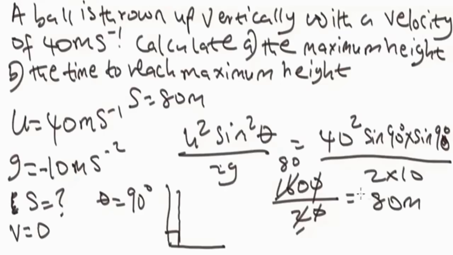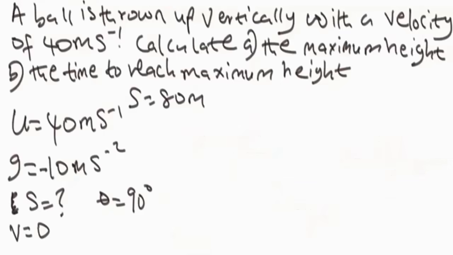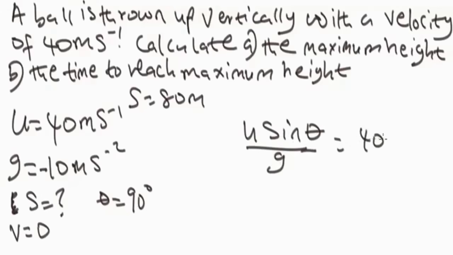Now the same thing is applicable to time to reach maximum height, let me write this. Time to reach maximum height in projectile is calculated using u sine theta over g. So our u is 40, and 40 times sine 90 degrees over 10.